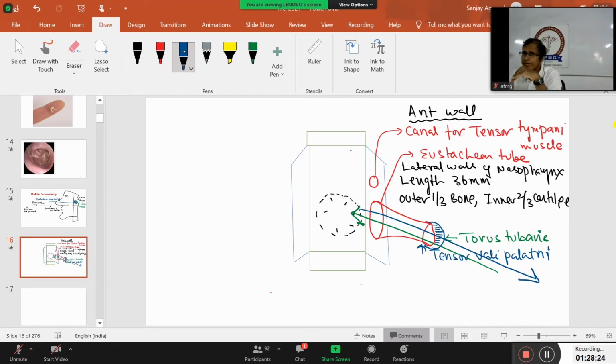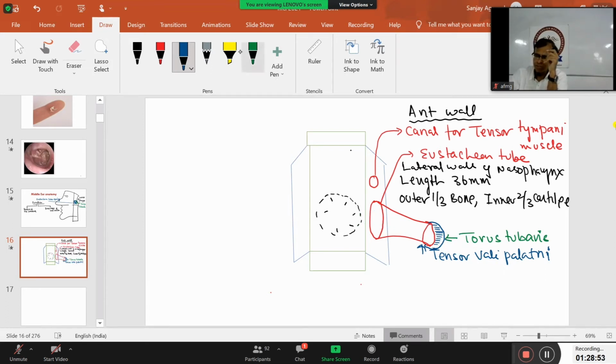So something is going in and something is coming out in the tube all the time. What is moving inwards? The air. What is moving outwards? The fluid, secretion. But if something has to move in and out of a tube, that tube has to be open, isn't it? You understand this? So eustachian tube is only useful when it is open.